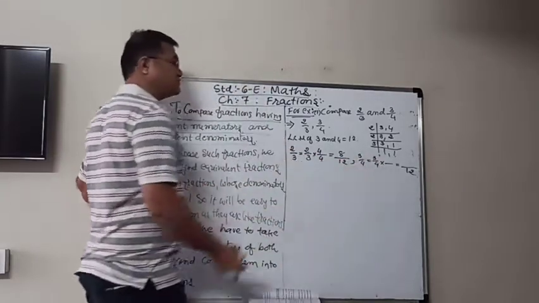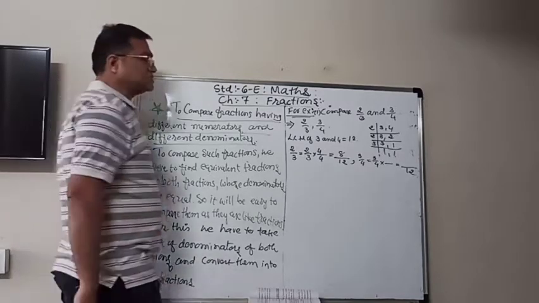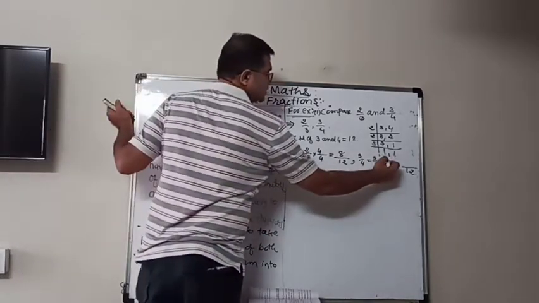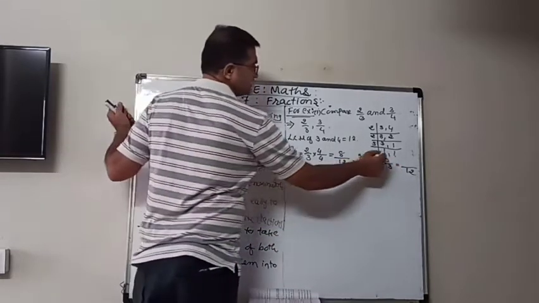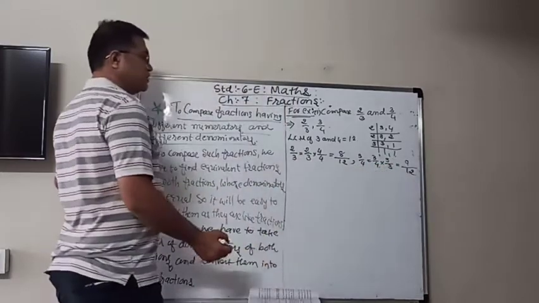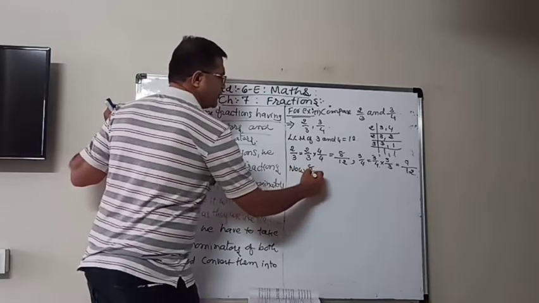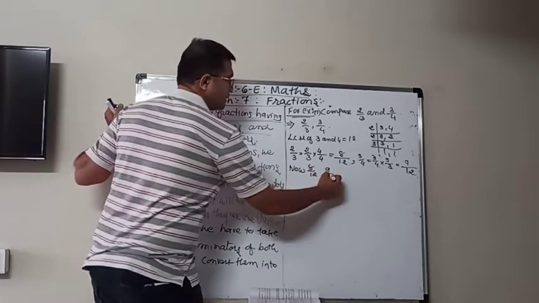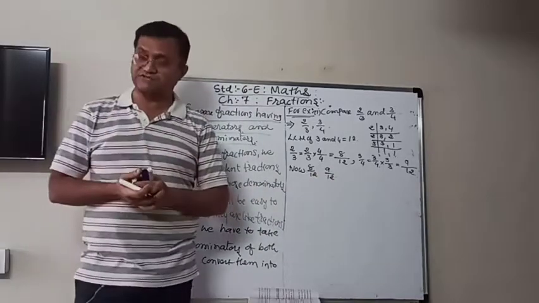With which number must we multiply 4 to get 12? 4 3s are 12. So 3 upon 3. Now 3 3s are 9 and 4 3s are 12. So we get 8 upon 12 and 9 upon 12, two equivalent fractions.